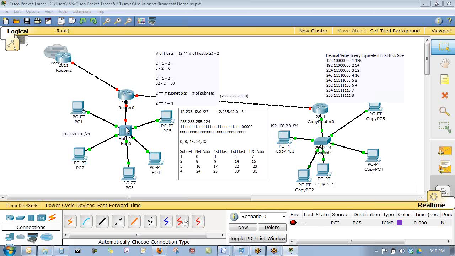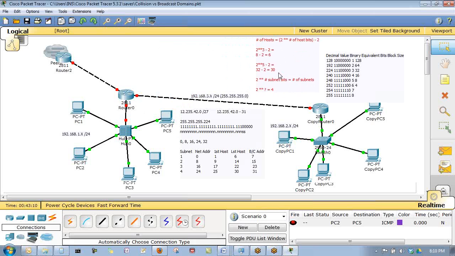Okay? Here's a question. For this network right here, between these two routers, let's call that subnet number 3. How many host addresses do I have for subnet number 3? No. Take a look. Subnet number 3.